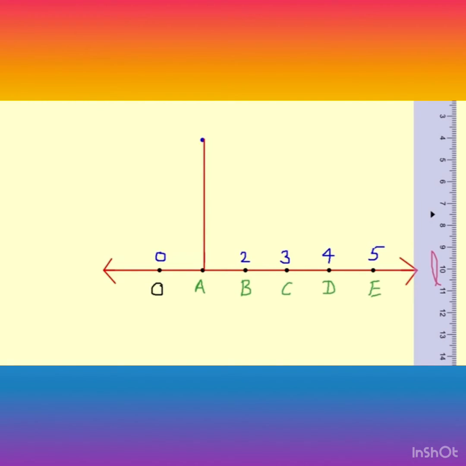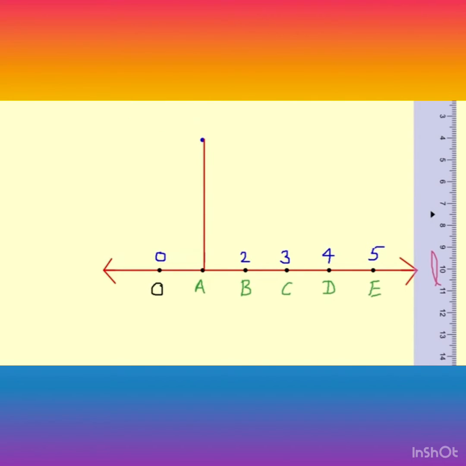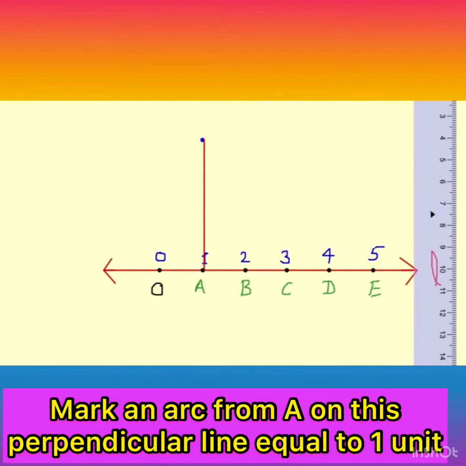After that, what to do? Let's OA is O and A, and here is the 1. This is the point 1. You can see that this is just measurement is 1. And after that 2, 3, 4, 5.